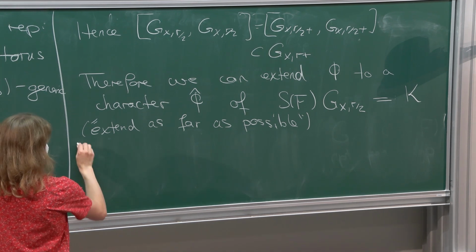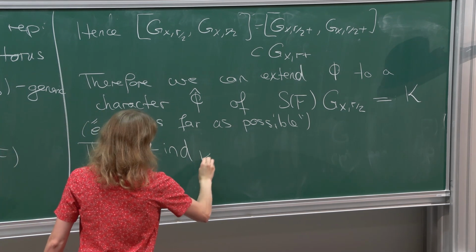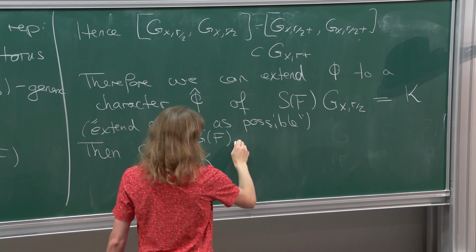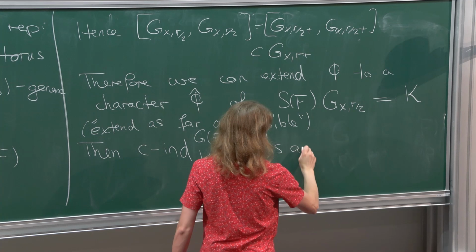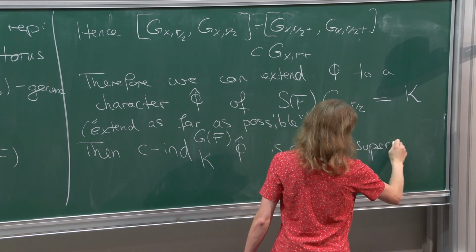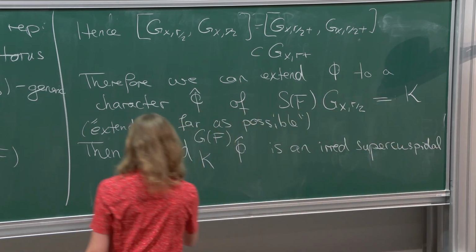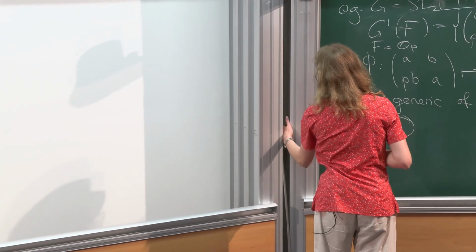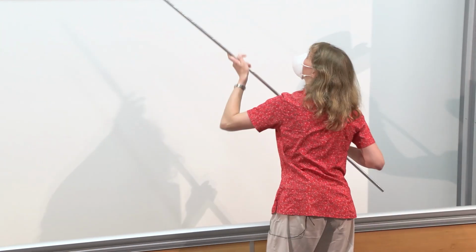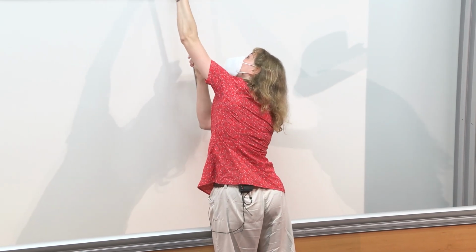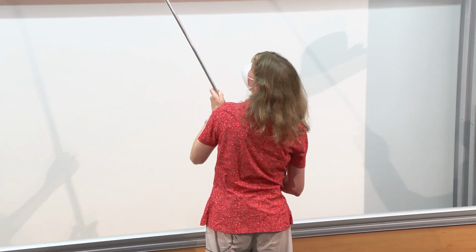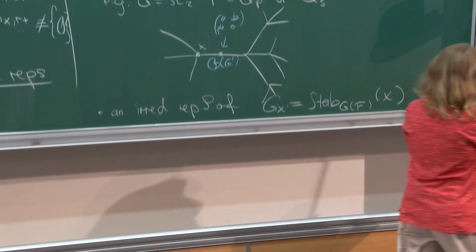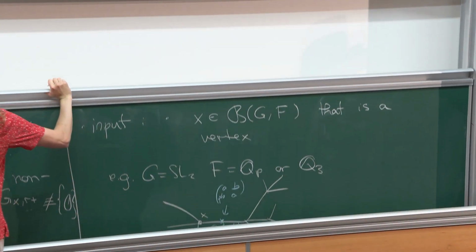And now, if we compactly induce this character from this compact open subgroup to the whole group, then this is an irreducible supercuspidal representation of depth r, so of positive depth.